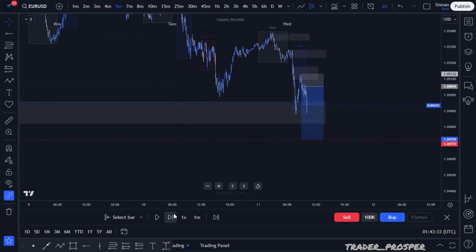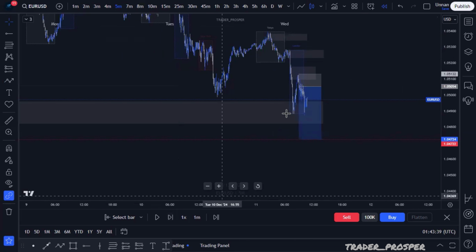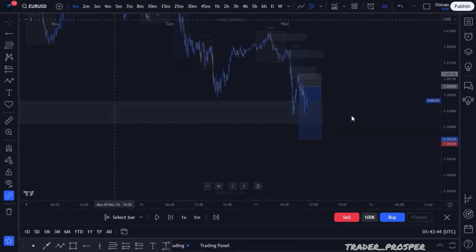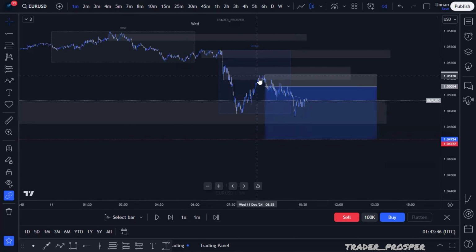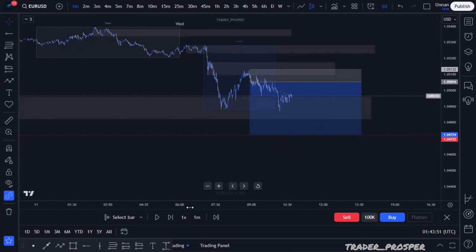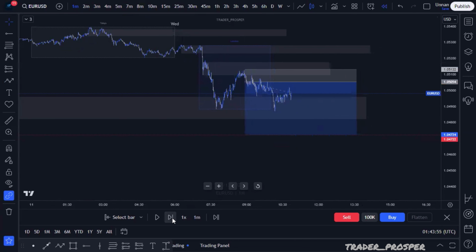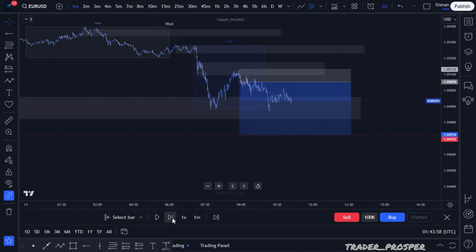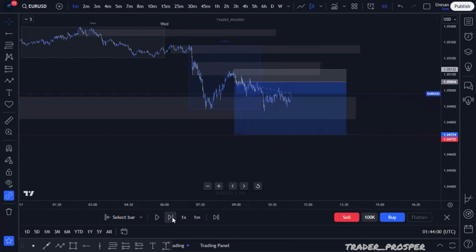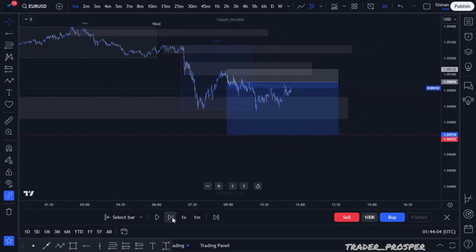So let's go there. Okay, price is struggling at that point there. Now that was already the end of the London session. Okay, almost.